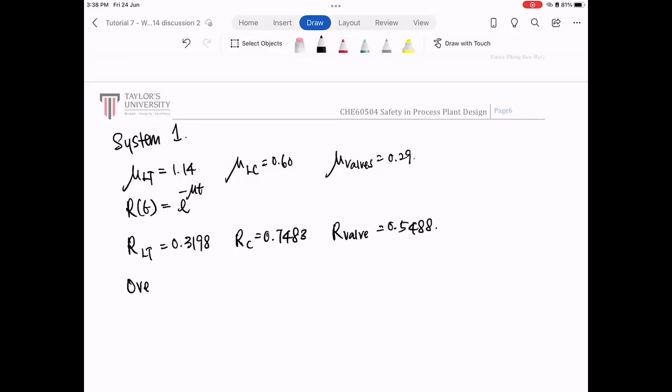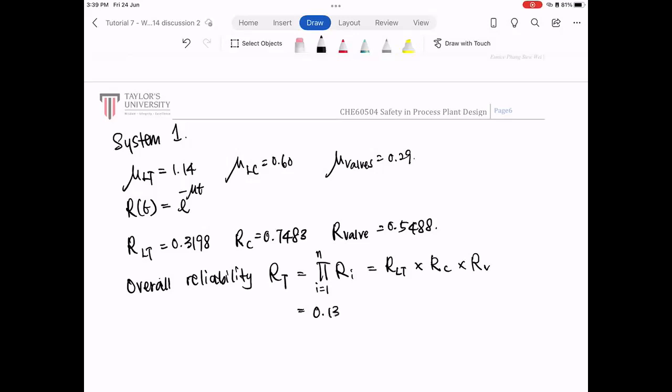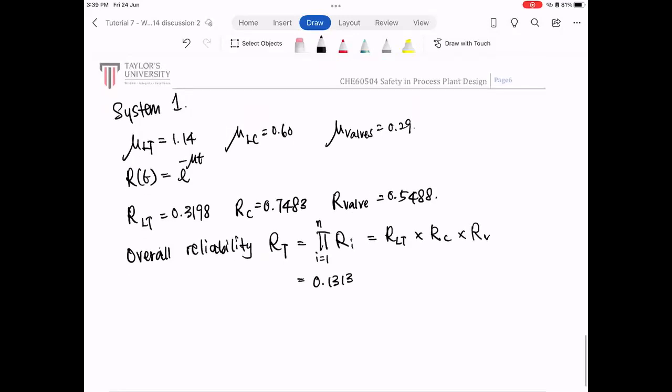So overall reliability R total is the product over i equals 1 of Ri. So you have RLT times RC times RV. Same thing, thanks Naga for putting the value in here. So the overall reliability for this is 0.1313.